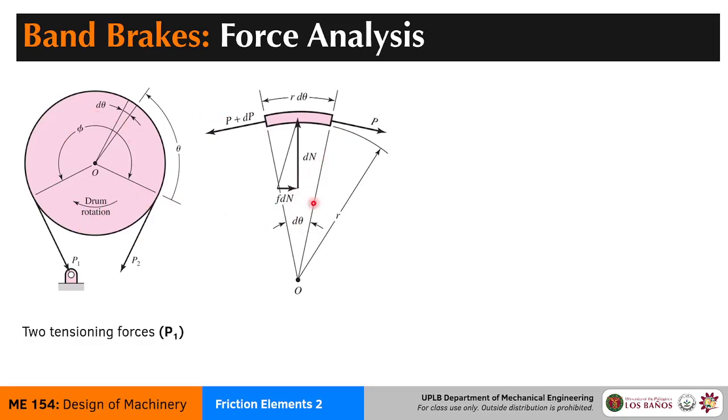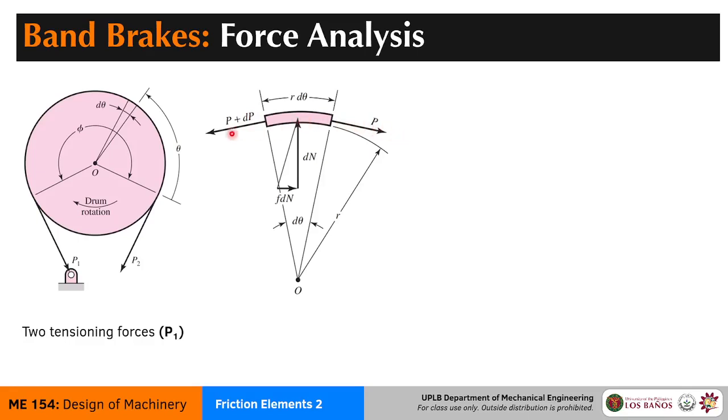So if it's rotating clockwise, the band is feeling a clockwise, or in this case, rightwards frictional force. That frictional force arises from the normal force of the drum pressing on the band element, so the band element is opposing the normal force while it is also being stretched along this direction.